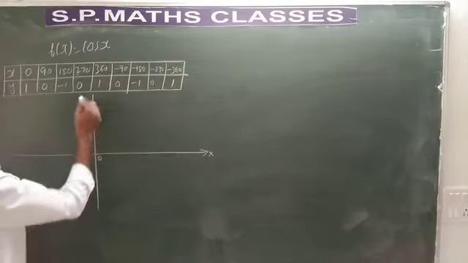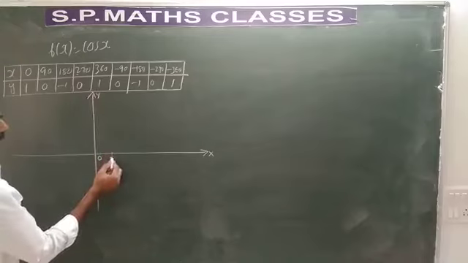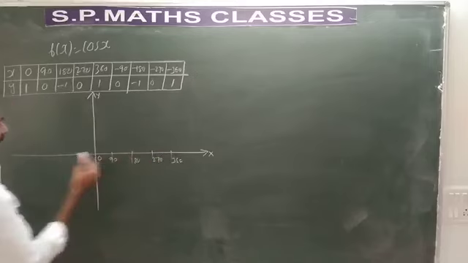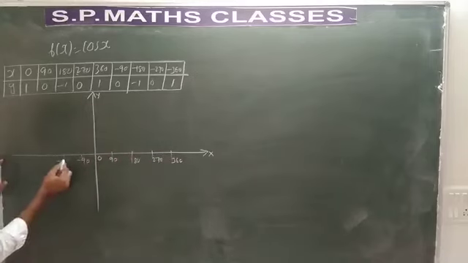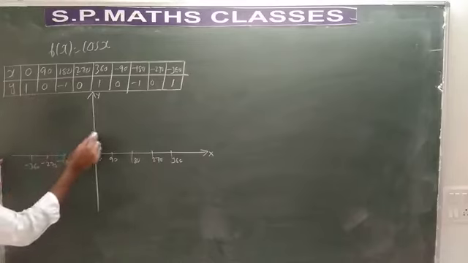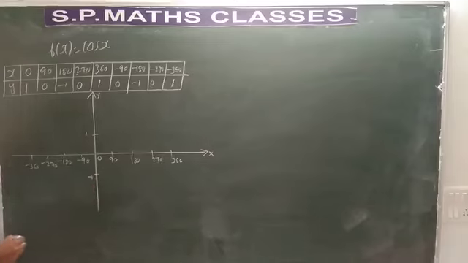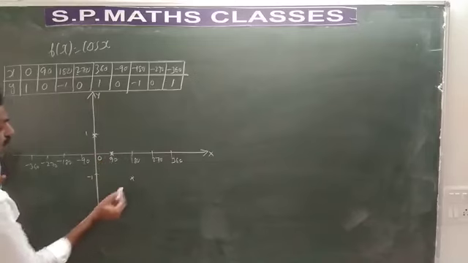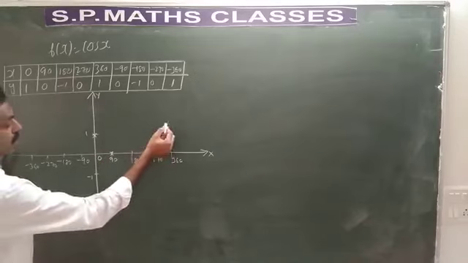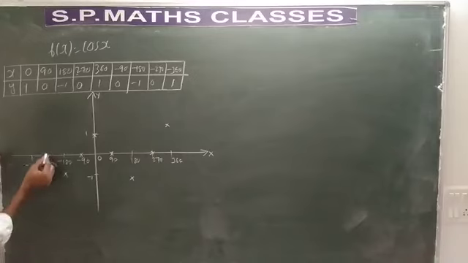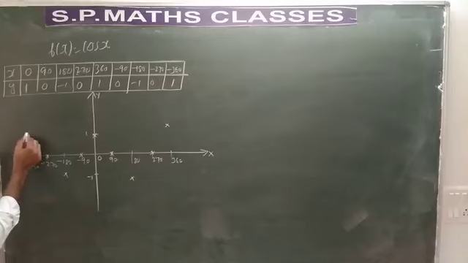This is x and y. 90, 180, 270, 360. Minus 90, minus 180, minus 270, minus 360. It is 1, minus 1. For 0 it is 1, 90 is 0, 180 is minus 1, 270 is 0, 360 is 1, minus 90 is 0, minus 180 is minus 1, minus 270 is 0, minus 360 is plus 1.